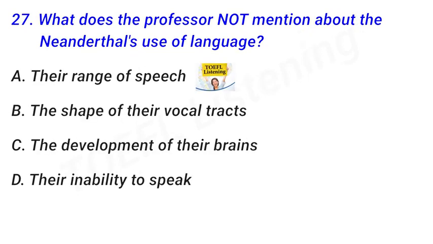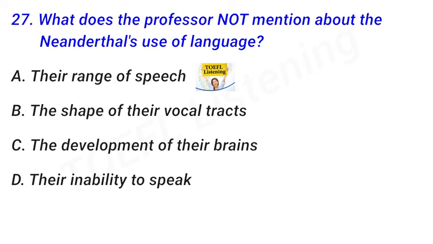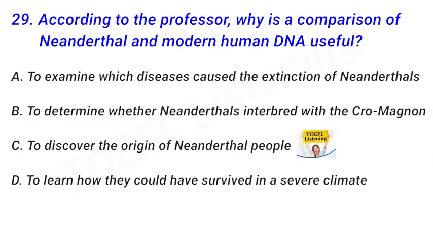What does the professor not mention about the Neanderthals' use of language? 28. Indicate whether each sentence below describes Neanderthal or Cro-Magnon characteristics. 29. According to the professor, why is a comparison of Neanderthal and modern human DNA useful?